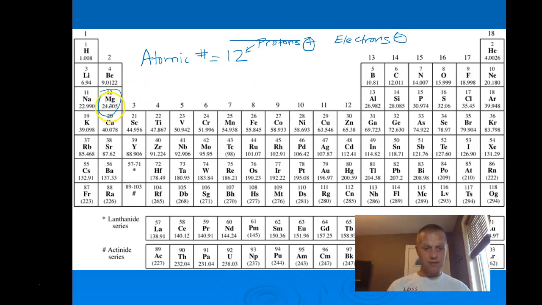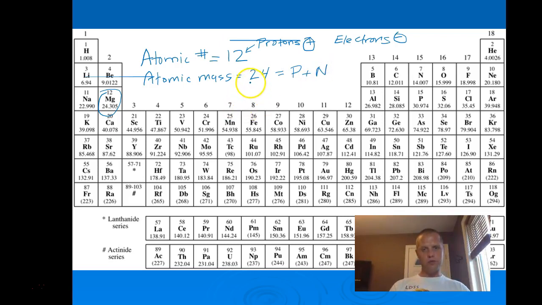The atomic mass number here is 24.305. So what we do with that is we round it to the nearest whole number. It's 0.3, less than 0.5, so I round it to 24. So the atomic mass number is 24, and we know that 24 came from the protons plus the neutrons.